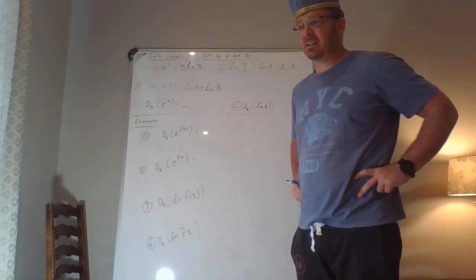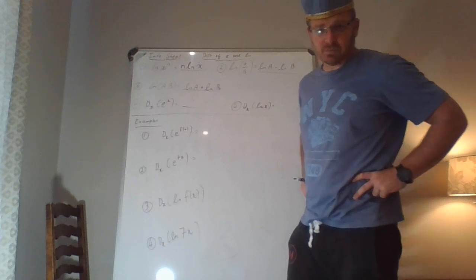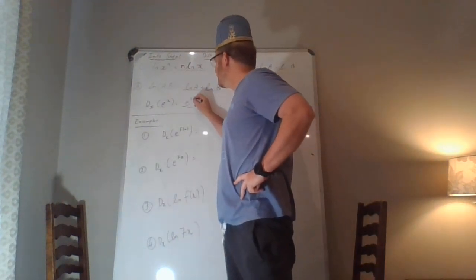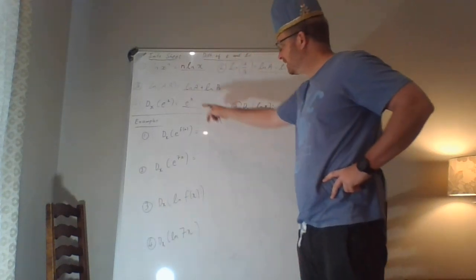In other words, your gradient at that point is the same thing as the y value of that point. So the derivative of e to the x is simply e to the x. And that's given on your information sheet.